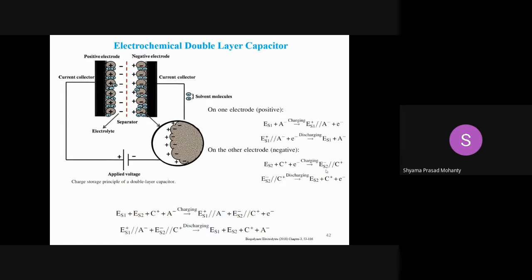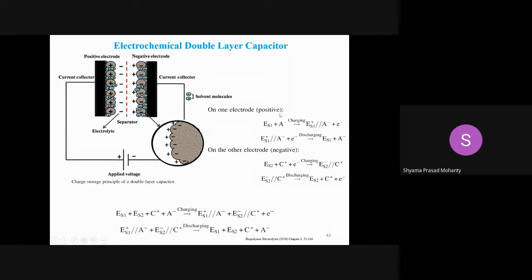The requirement is that the material used for these capacitors should be porous and have very high surface area. Carbon satisfies this, and it is also cheaper. You can prepare various types of these porous carbons in bulk.